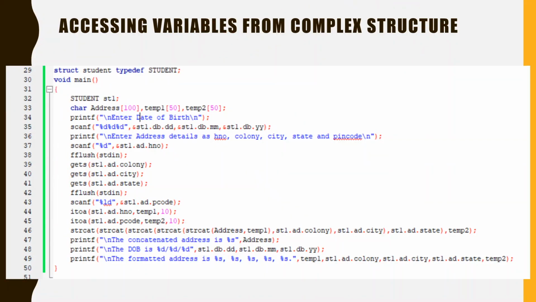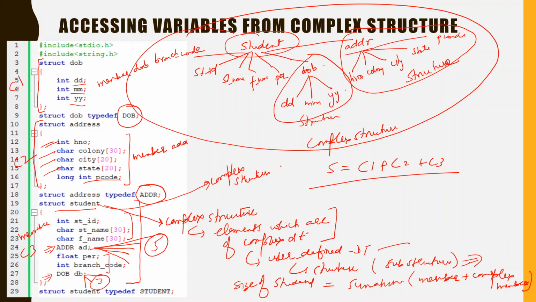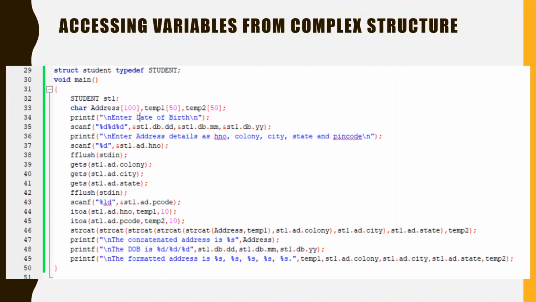Now we will see how to access the member variables from the complex structure. Suppose we have the variable st of type student.